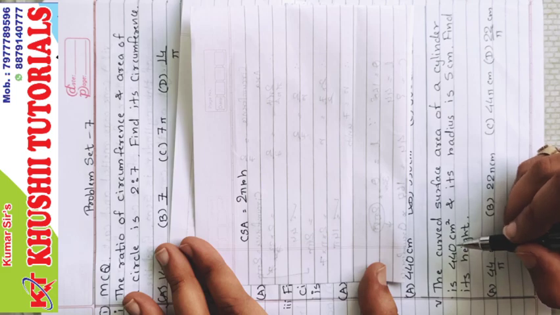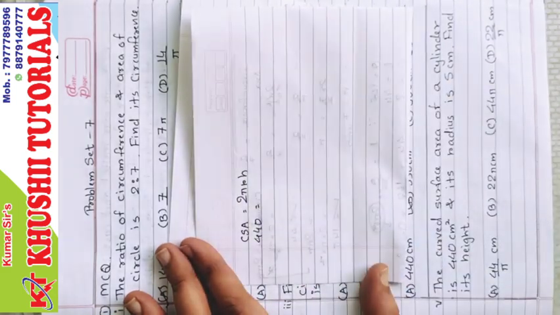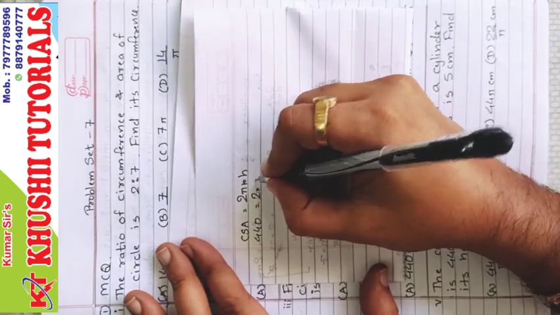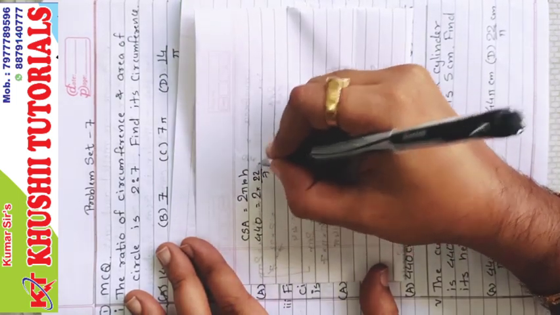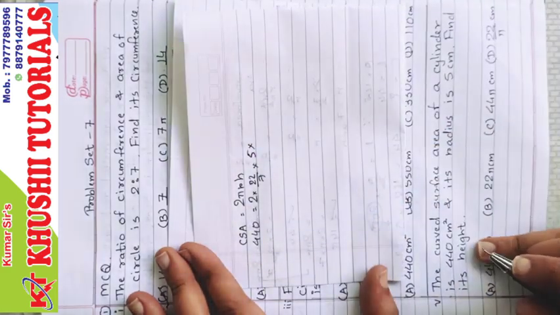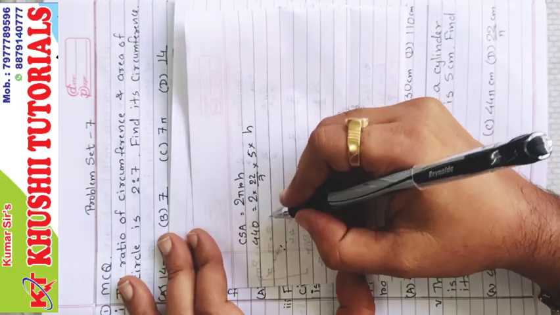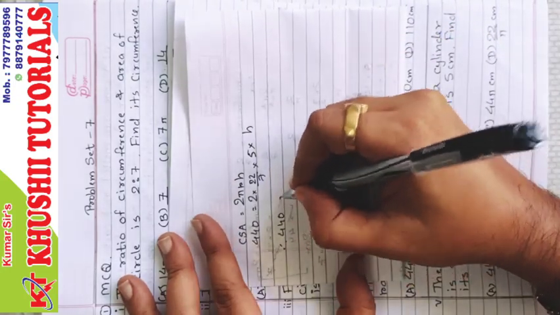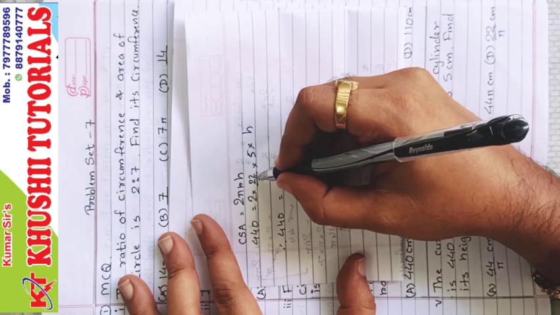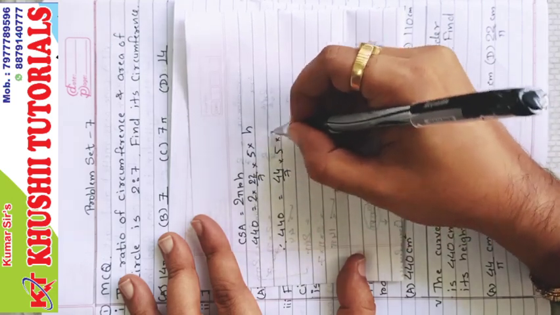Now CSA is 440, so here we will write 440. 2 will remain 2. Pi value is 22 by 7, into R, the radius, which is given as 5, and we need to find the height. So 440 equals 22 into 2, that is 44 by 7, into 5 into h.